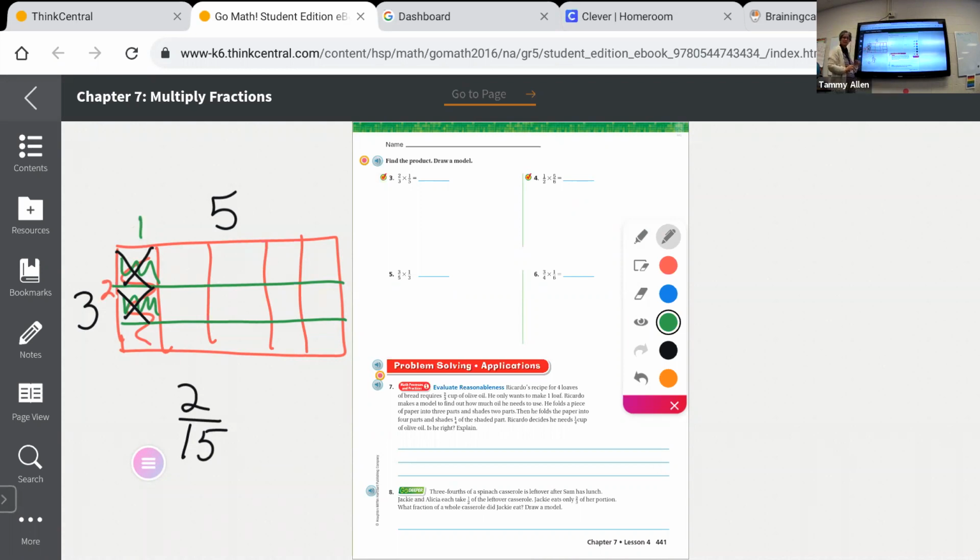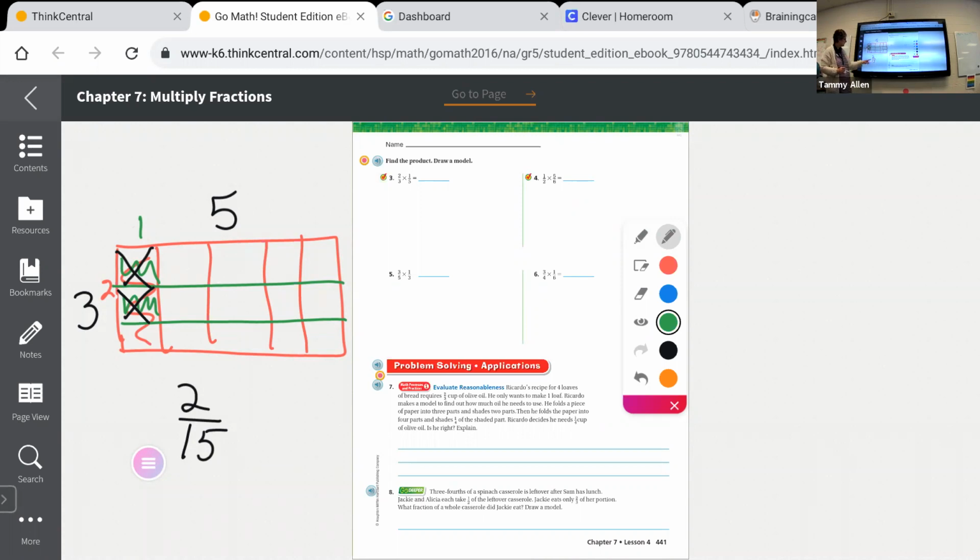The 2 times 1 that we needed? You see that? We needed 2 of those and 1 of those, right? Do you see it? Okay, that's why that works.